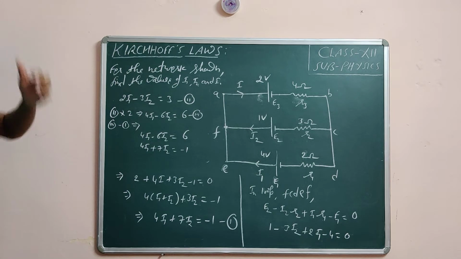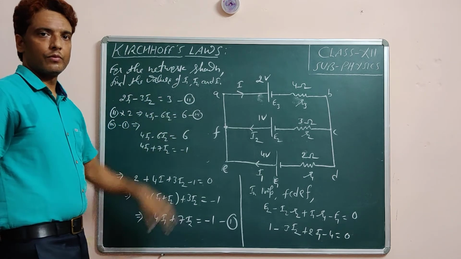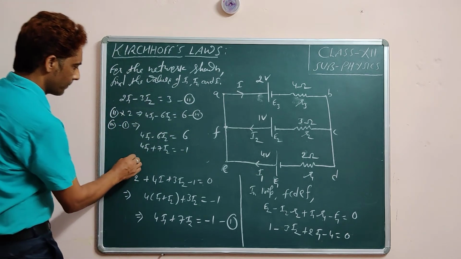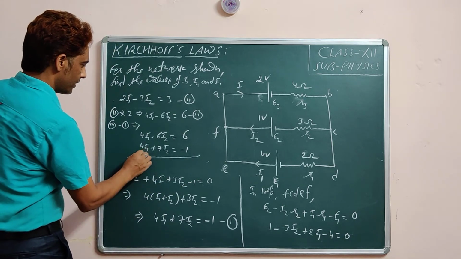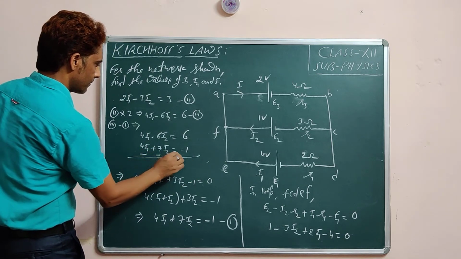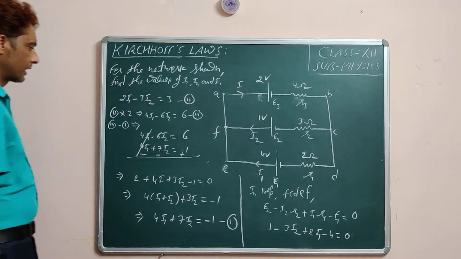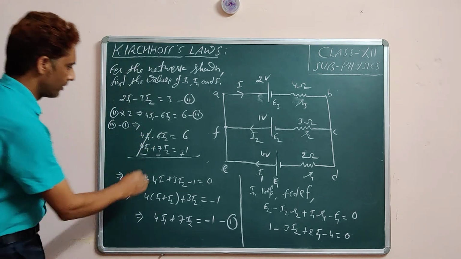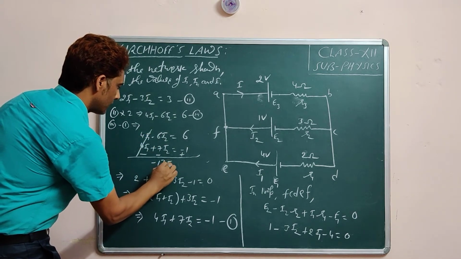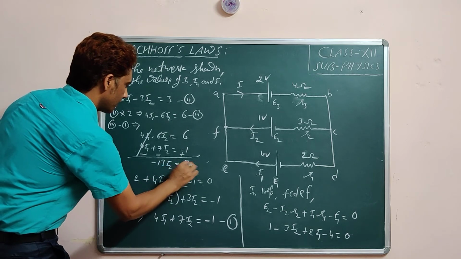This is an equation of two variables we have already solved. If I change the sign, the 4I1 terms cancel. Minus 6 minus 7 becomes minus 13I2 equal to 7.